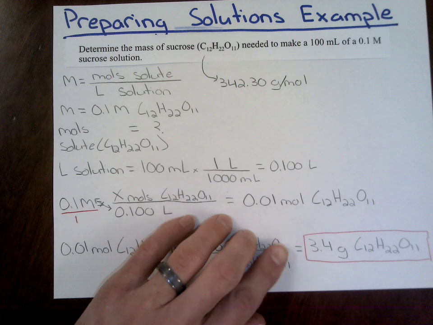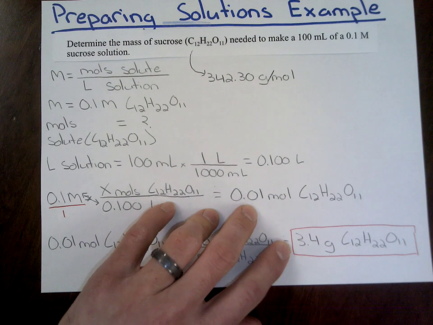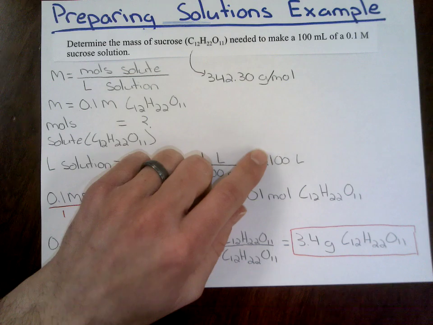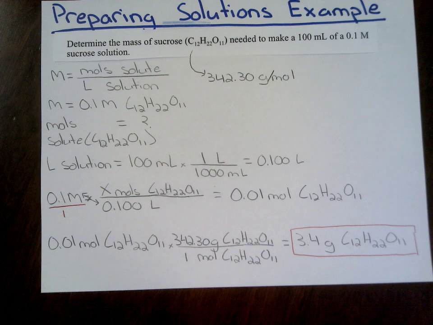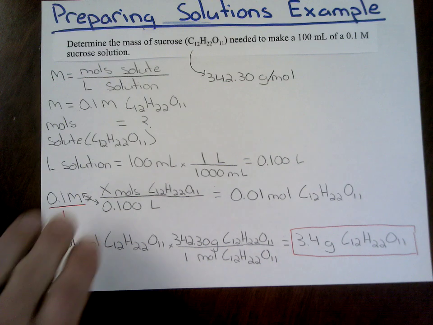So we add this amount of sucrose, then we put in the water to get us up to 100 milliliters or 0.1 liters, and that's how we would make 100 milliliters of a 0.1 molar solution. Now, because, once more, the most common concentration unit is molarity, we can talk about one more thing, and that is diluting solutions.